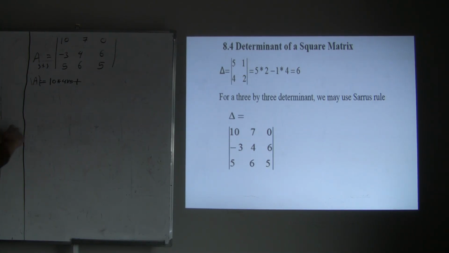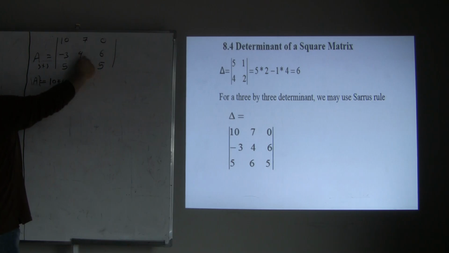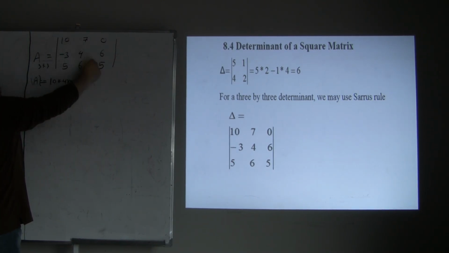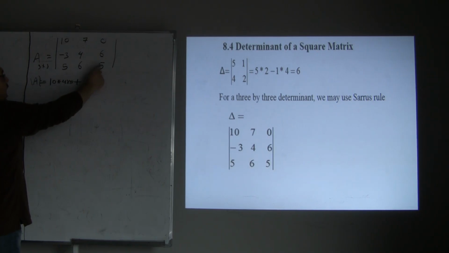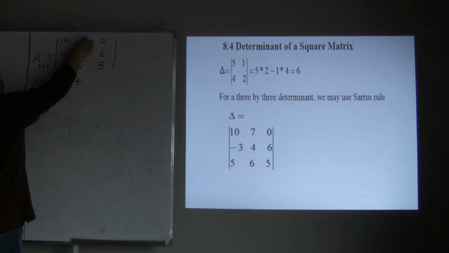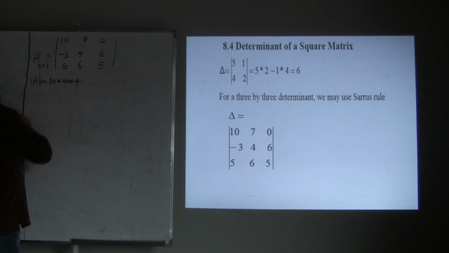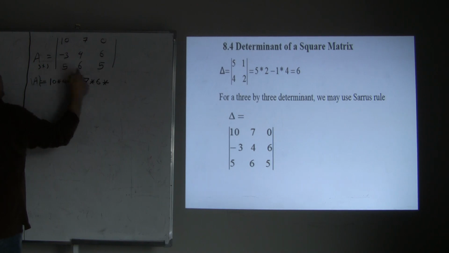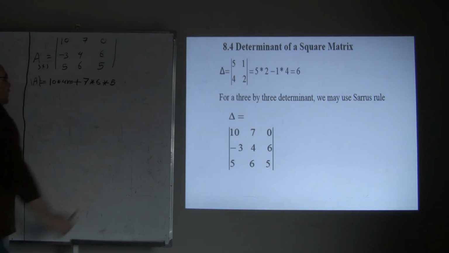So I will multiply the elements of the principal diagonal, which are 10 times 4 times 5. Then I will multiply the elements of the base of the upper triangle, which are 7 times 6, times the vertex of the lower triangle, which is 5.